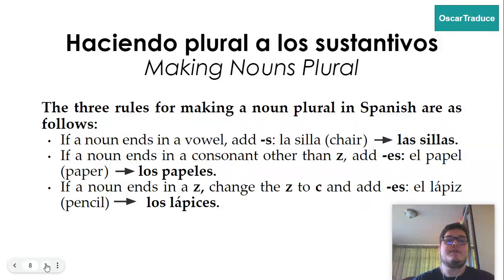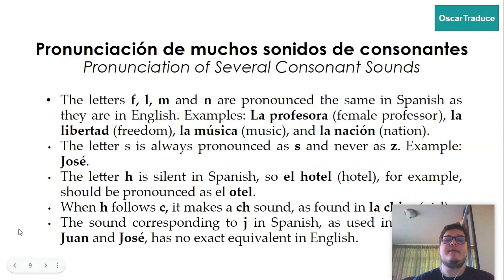Then we can continue with the pronunciation of several consonant sounds. We're going to say in Spanish, pronunciación de muchos sonidos de consonantes. This is a really long title, so I know it's too much.